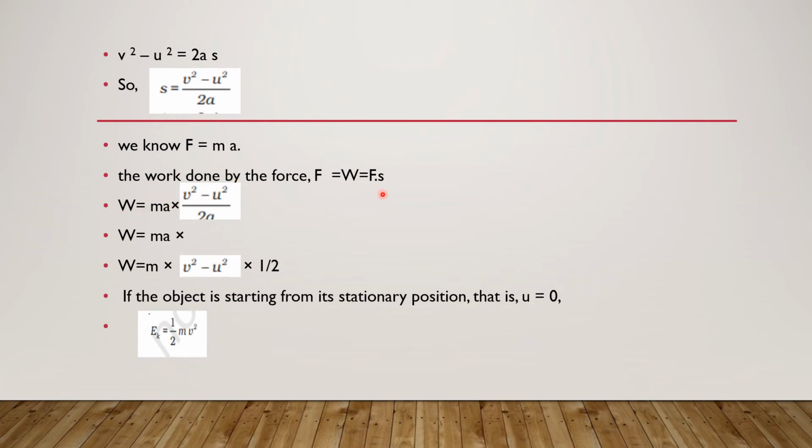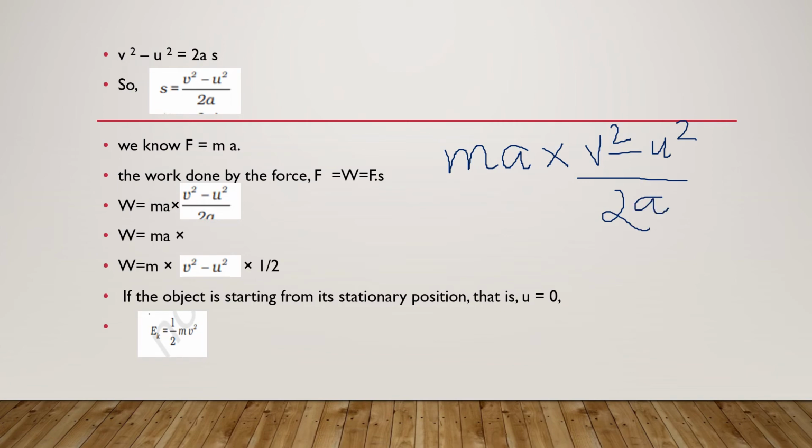Work is equal to force into displacement. Force is equal to ma, and s is the displacement, so we can write its value, v square minus u square divided by 2a. So what happens is that ma into v square minus u square divided by 2a.